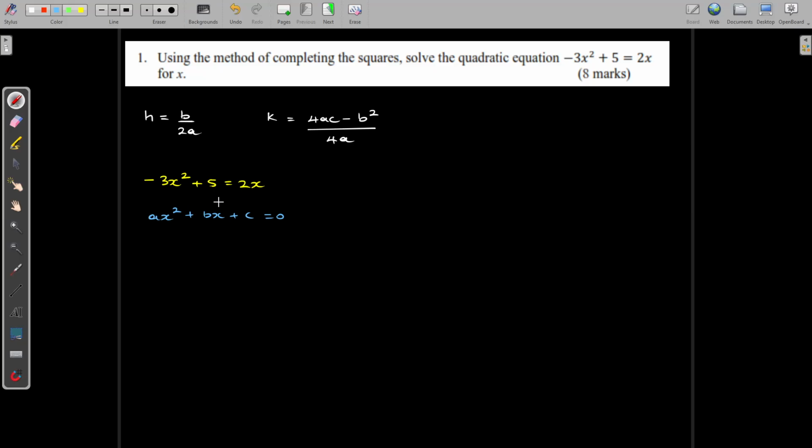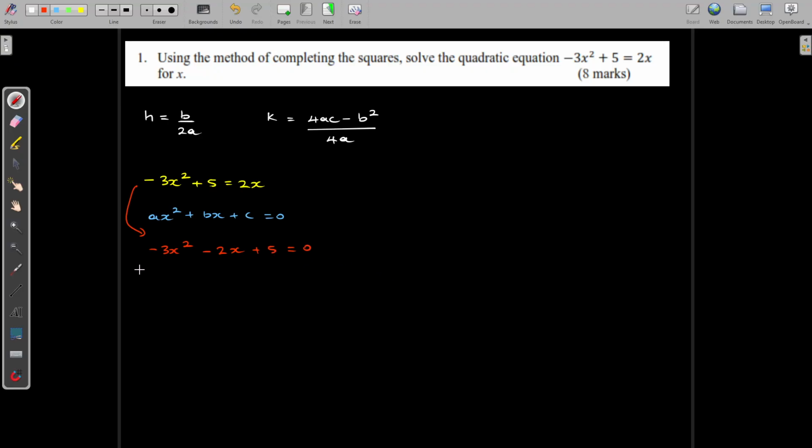So we need the x squared term at the front, the x term in the middle, and the constant by itself at the end. So we're going to be rearranging the terms here. It's going to be negative 3x squared, and we bring over the 2x, so that changes sign, negative 2x, plus 5, and that's equal to 0.